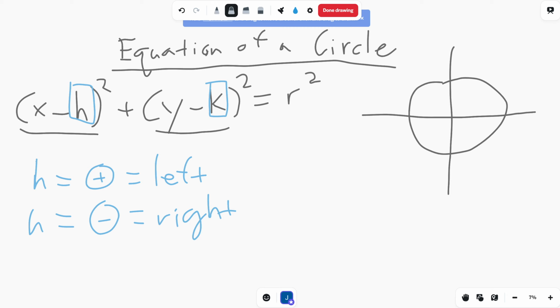And this is because when you set it as the zero property, you get x minus h is equal to 0, and you get x is equal to h, leading it to go positively to the right. And that's essentially how it works. So when it comes to that part of the equation, that is essentially how it works.